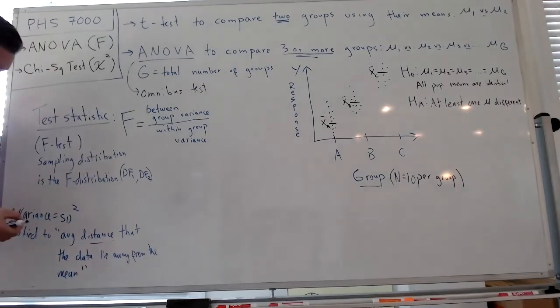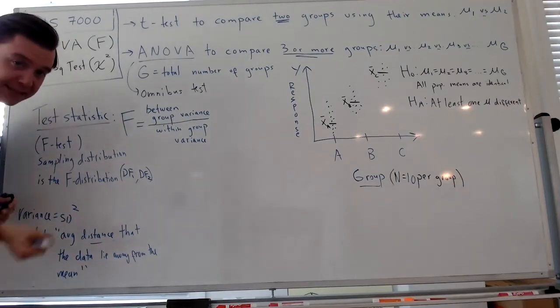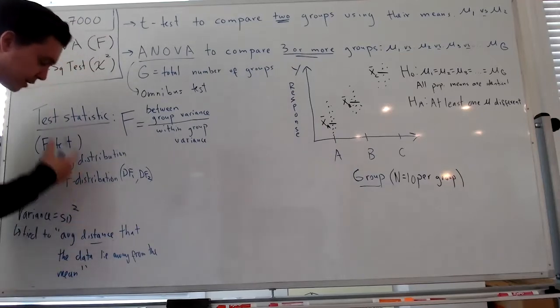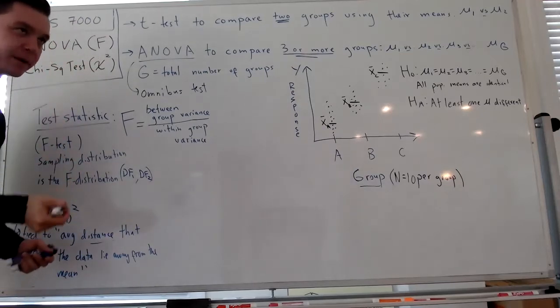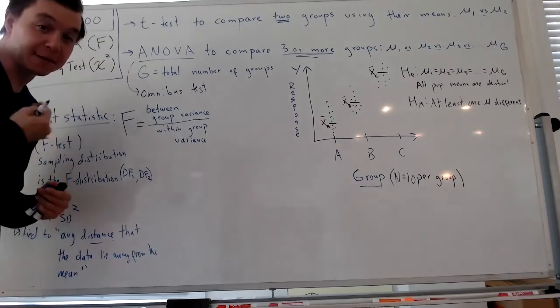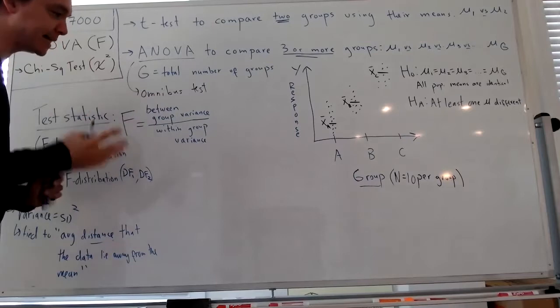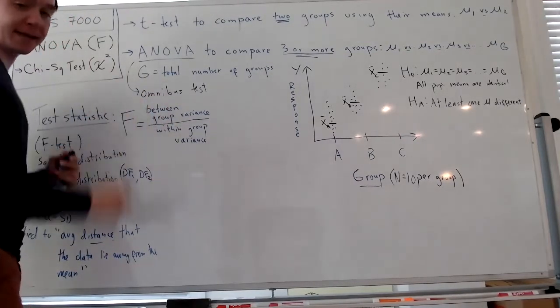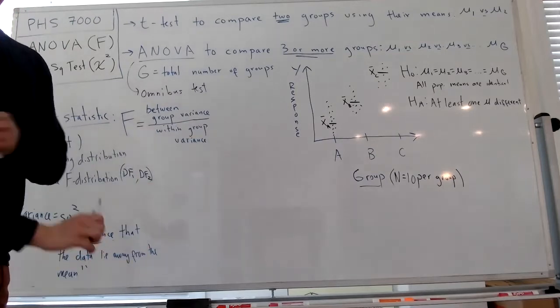The standard deviation is the average distance that data lie away from the mean, and the variance just squares that. So when we're thinking about the variance, we're thinking about how far away from an average, an informative average, is my data. So between group variance, within group variance.